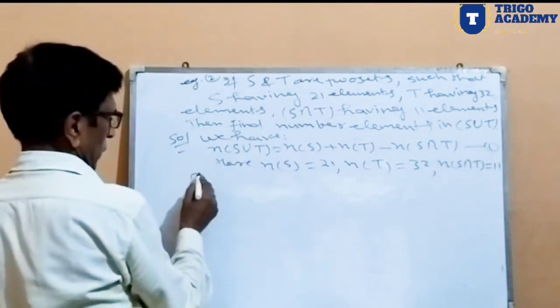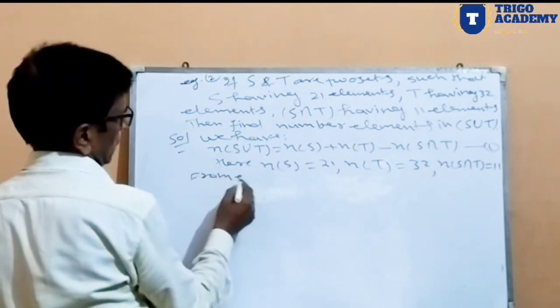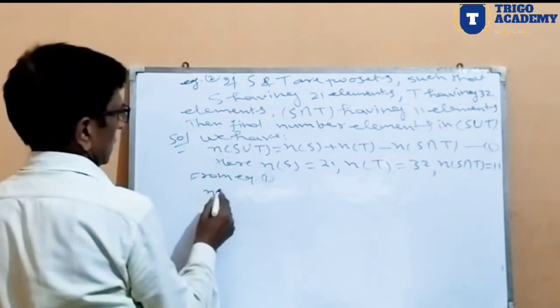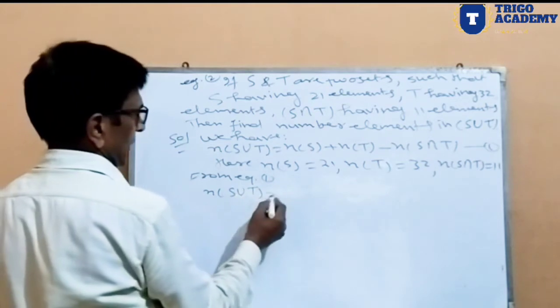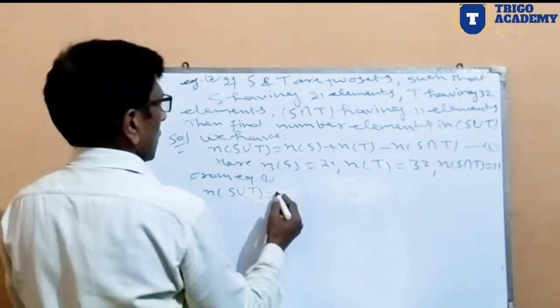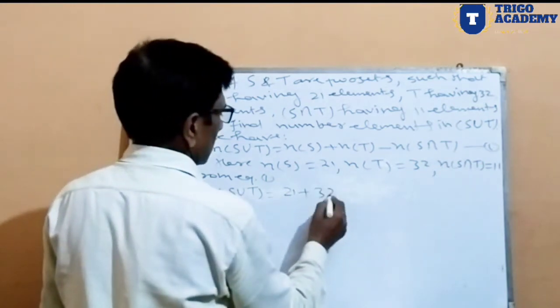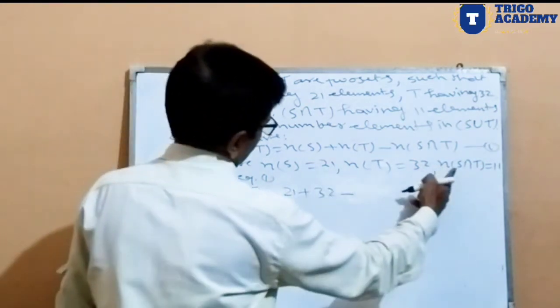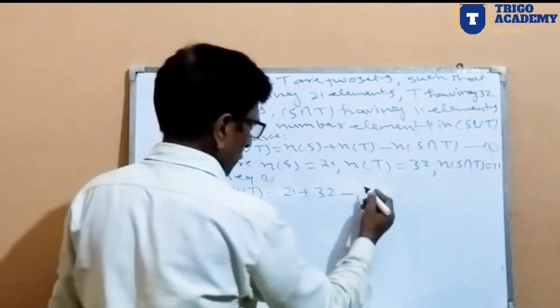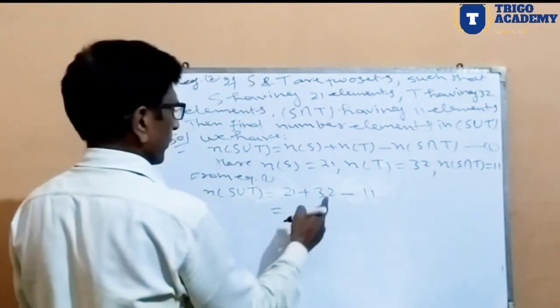So now from equation first, n(S union T) equal to n(S) 21 plus n(T) 32 minus n(S intersection T) 11.